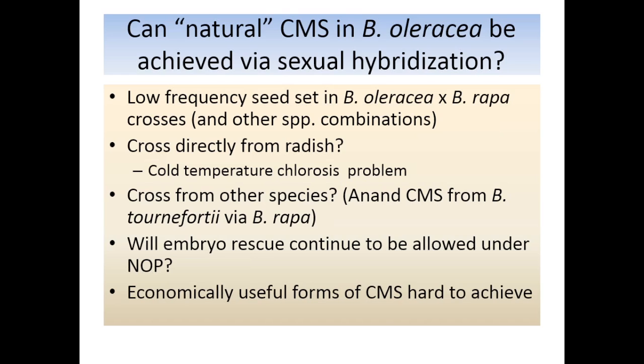There are other sources. There's a CMS that I've worked with that comes out of Brassica tournefortii, and its transfer has been done through protoplast fusion, but it's in theory possible to transfer it using natural crossing as well. There's a question about embryo rescue.